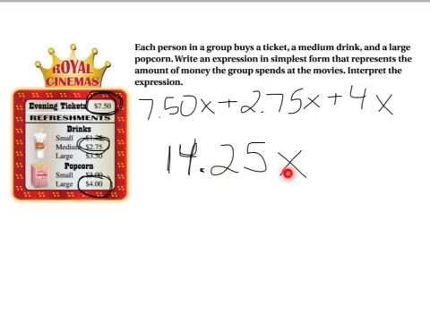If 10 people go, you're going to multiply that times $14.25. So bottom line, it's just an expression that by simplifying this, I know that per person it's $14.25, and I'm just going to plug in how many people go and spend that money, and it will tell me how much the group then spends based on how many people there are.